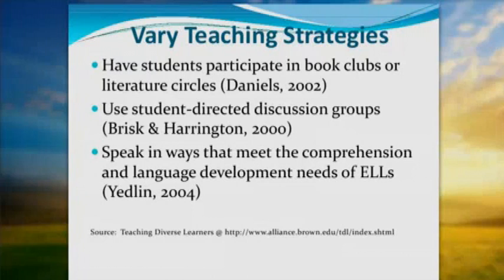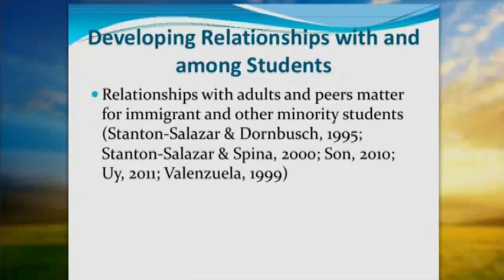In all of this work, you are developing relationships with and among your students. So relationships, researchers have documented how relationships with adults and other institutional players such as administrators, guidance counselors, nurses, social workers, and their friends matter for immigrant and other minority students.